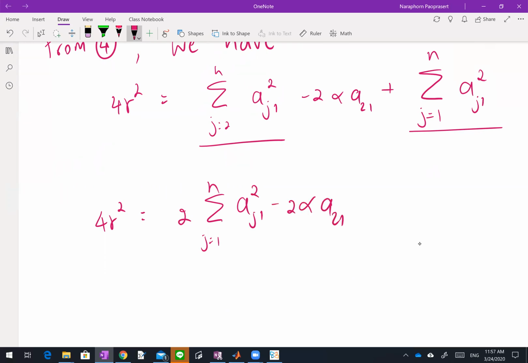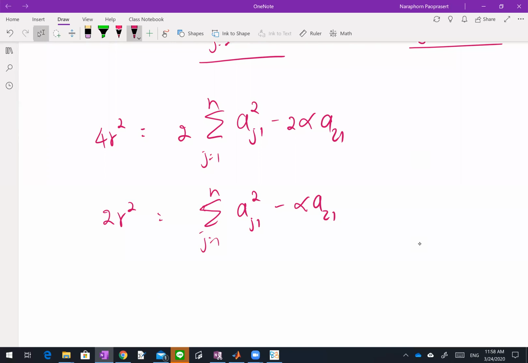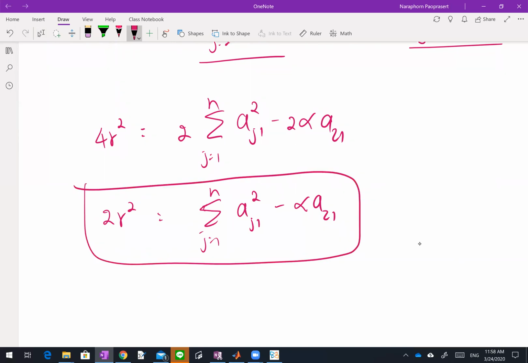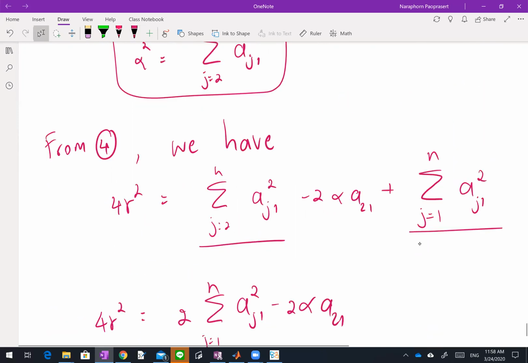Divide everything by 2, so I have 2r square is summation j from 1 to n a j1 square minus alpha a21. So having this equation, this is equation number 5, I guess.